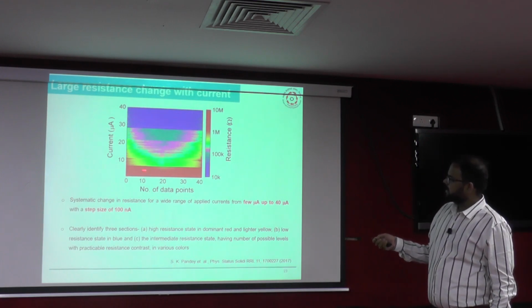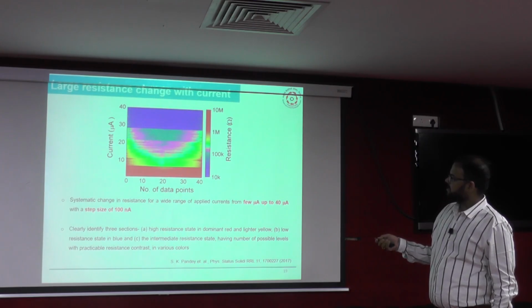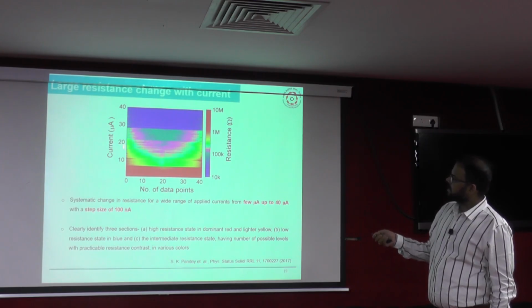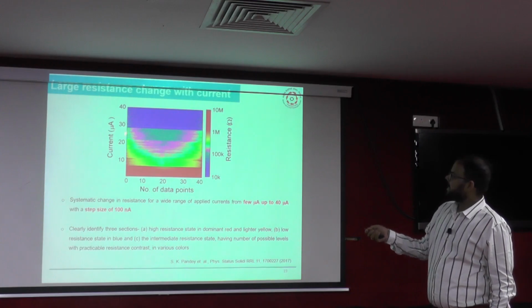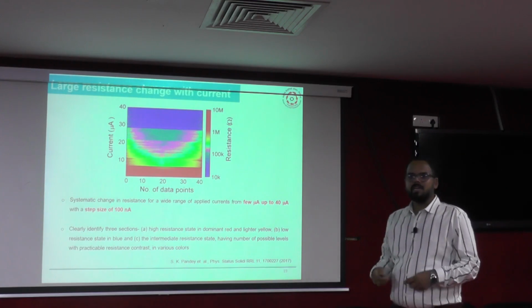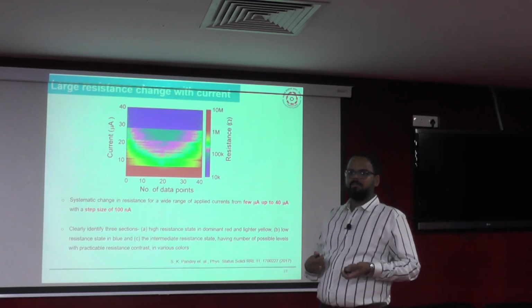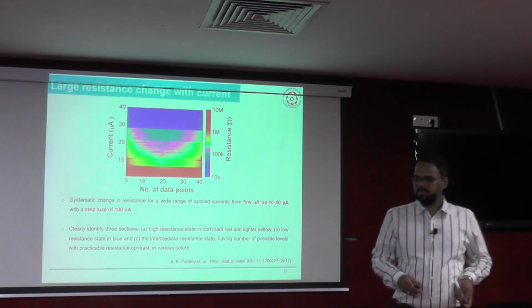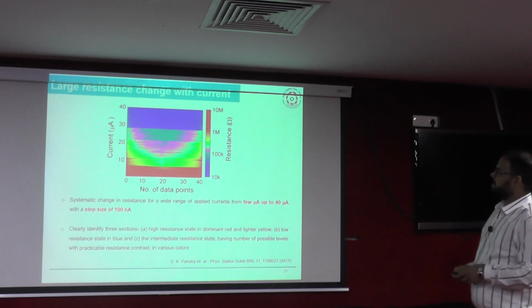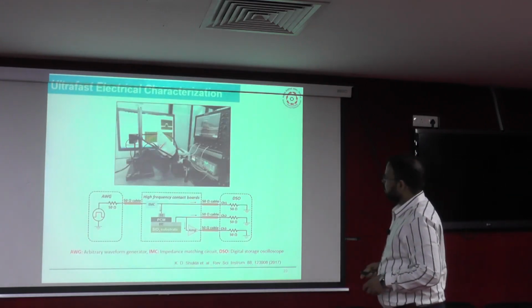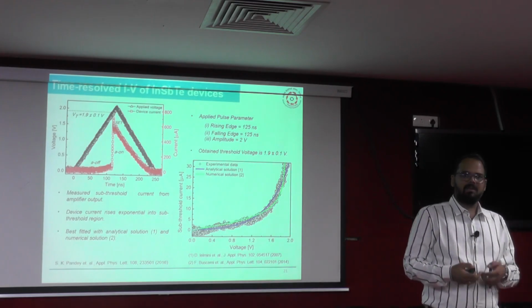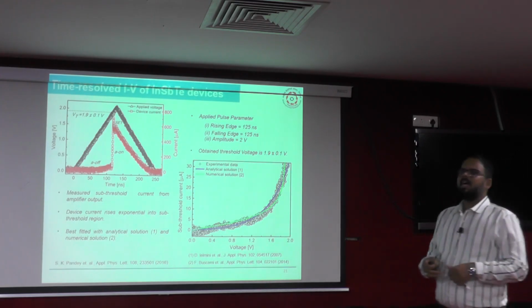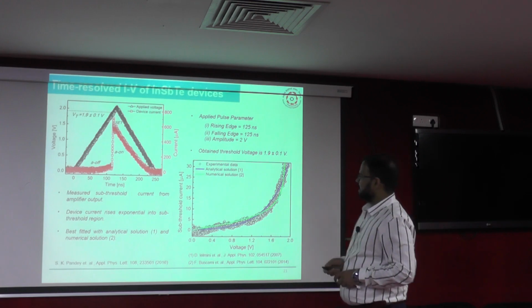Initially it is a very high resistance state, and the moment you increase your current pulse, it gets down towards the set state. And as we can see here, in between we are getting an intermediate resistance state, which will be helpful to identify this state. So with this scheme, it could be helpful to further identify multi-level operation and multi-level storage of this material.